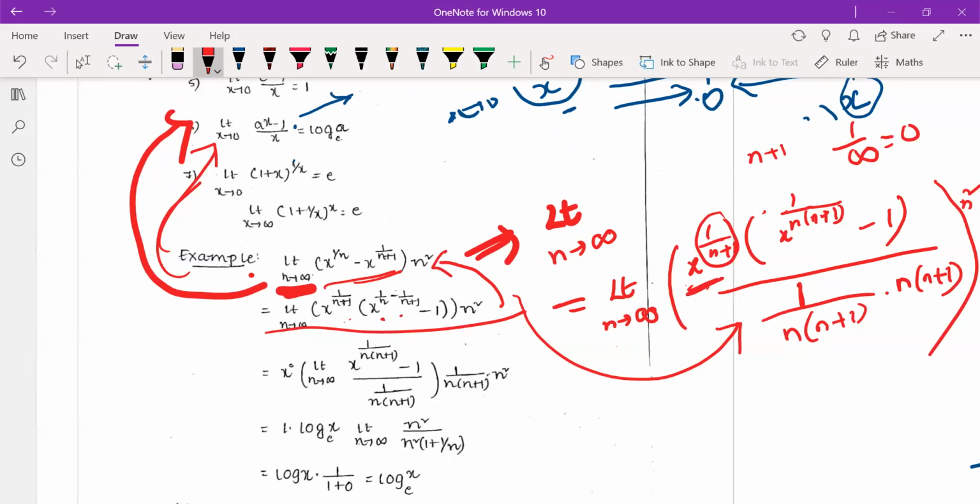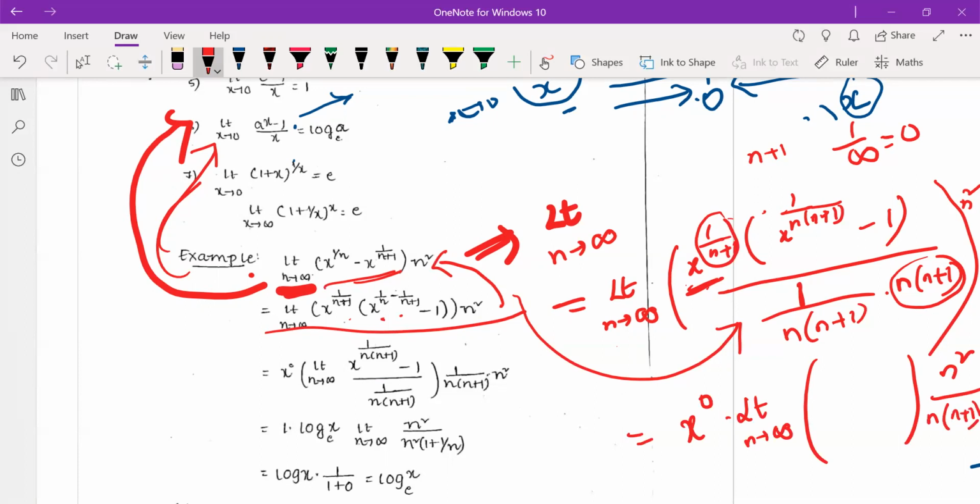Anything finite whose power is 0 is 1. So we can take that out. So x power 0 into limit n tends to infinity into, we will take even this of n square by n into n plus 1.